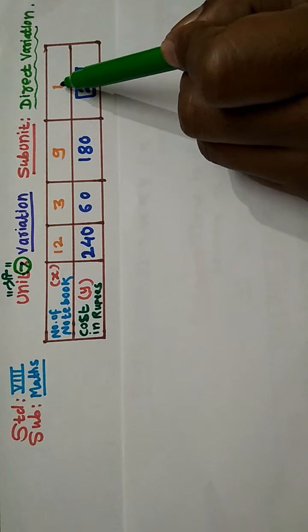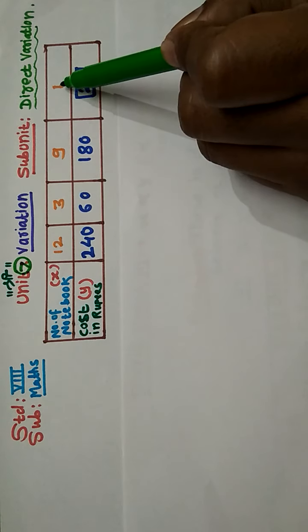Now we see another example of direct variation. The table shows the distance traveled by a car and the time taken for it. See here, for 2 hours the distance covered by the car is 90.